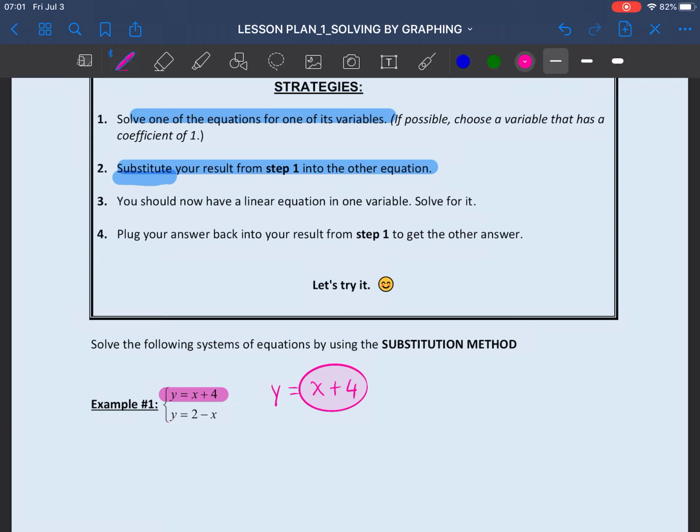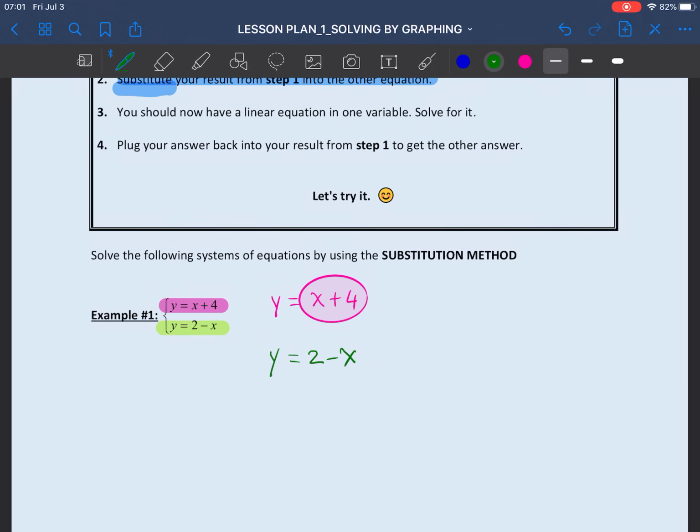So we're going to rewrite the second equation, y equals 2 minus x, slightly differently. So y equals 2 minus x, which is the second equation. We'll have y equal to x plus 4. Okay, so this x plus 4 will substitute this y.